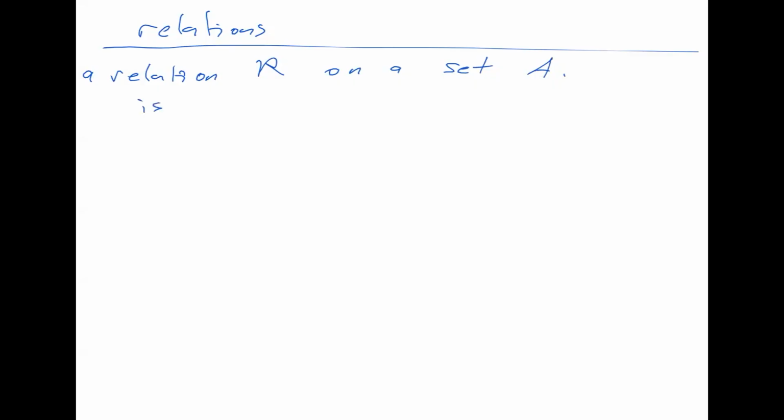It's really just a set of ordered pairs where each value is in A.